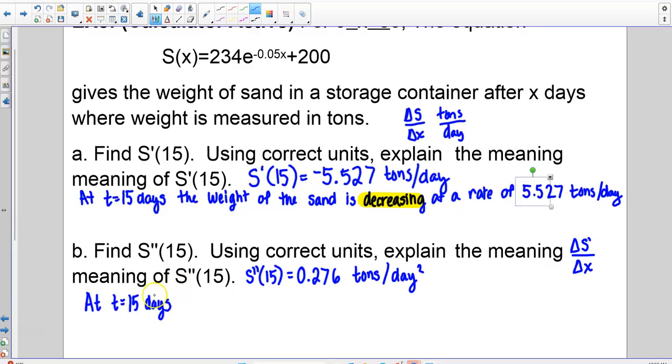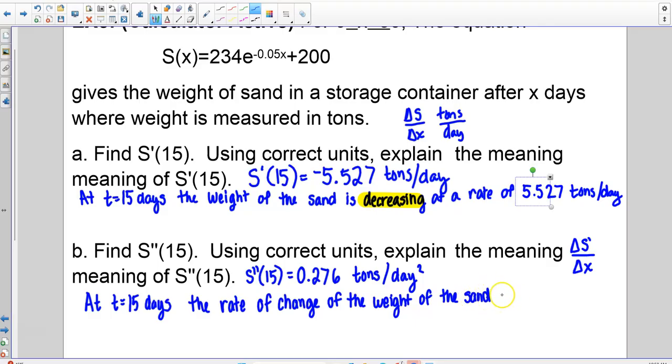We're talking about at t equals 15 days, the rate of change of the weight of the sand is, in this case, we've got a positive number, so I'm going to use the word increasing.